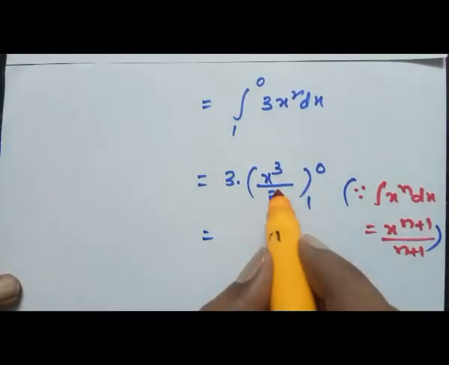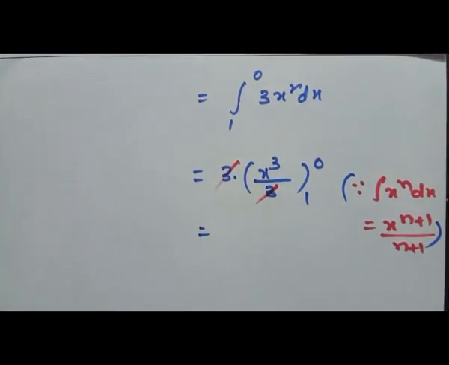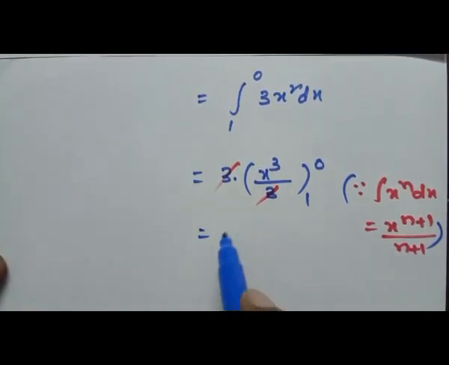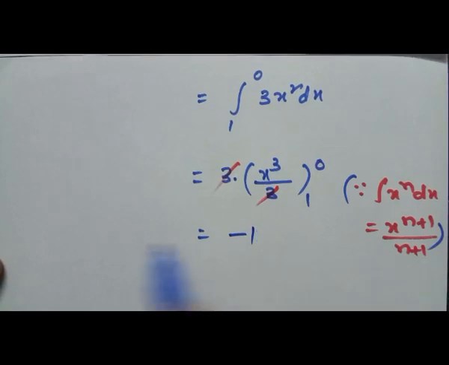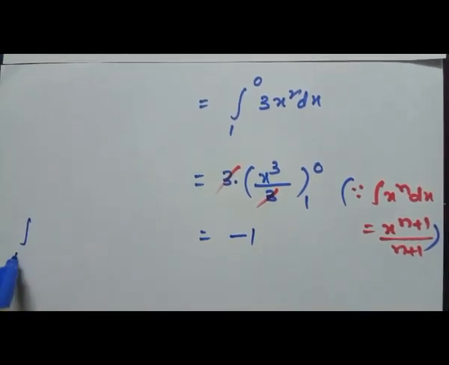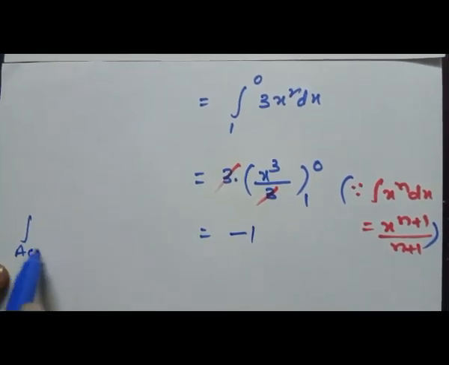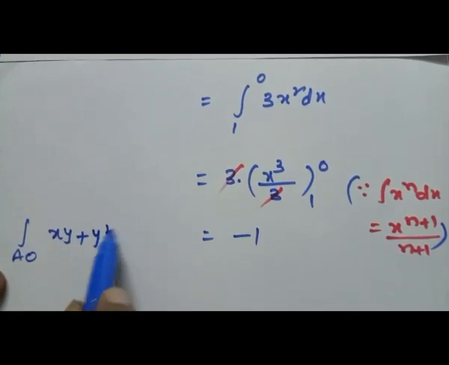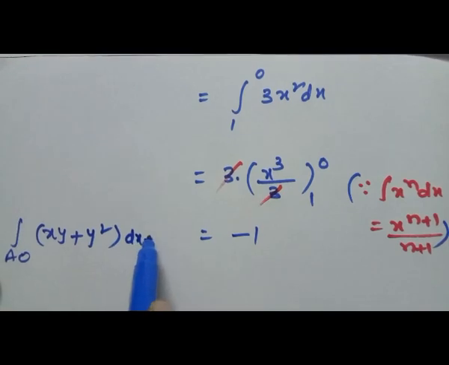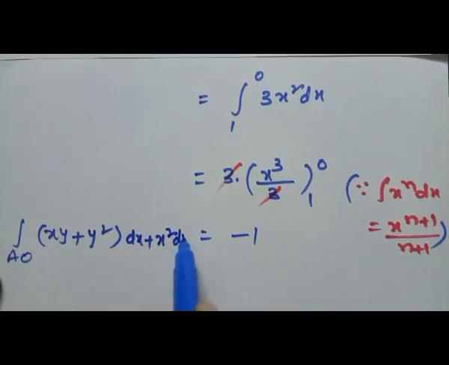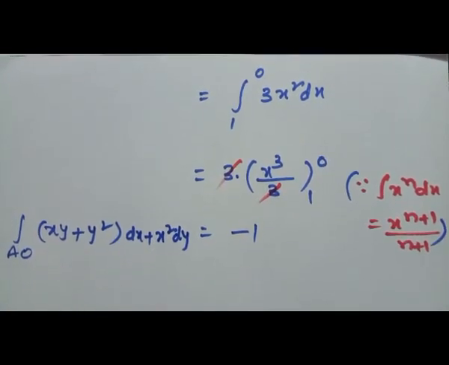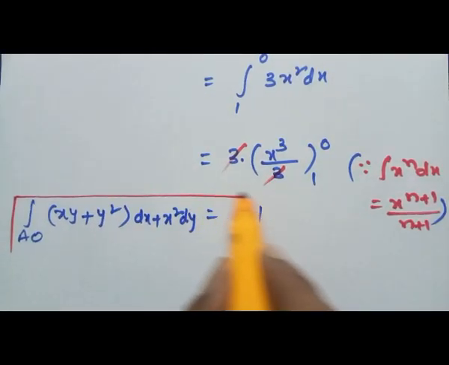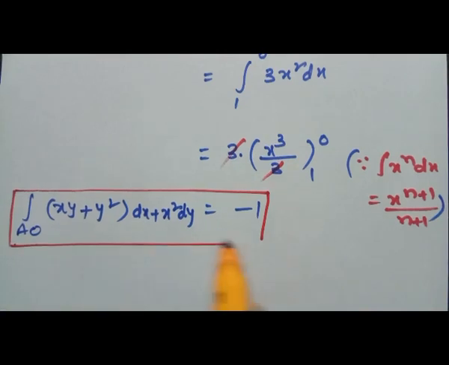Upper limit minus lower limit is 0 minus 1 whole cube, that is minus 1. Therefore the integration along AO is minus 1. This is equation number 5.